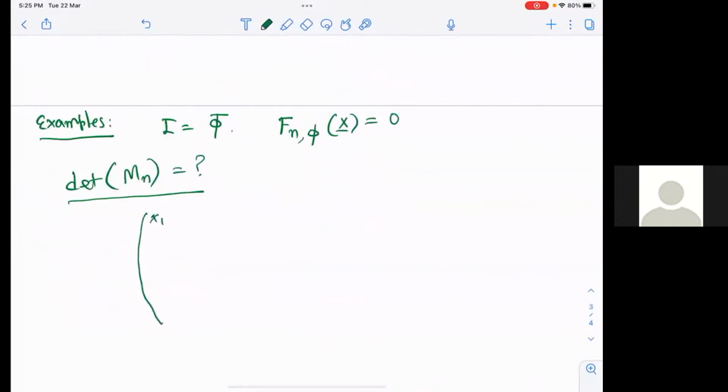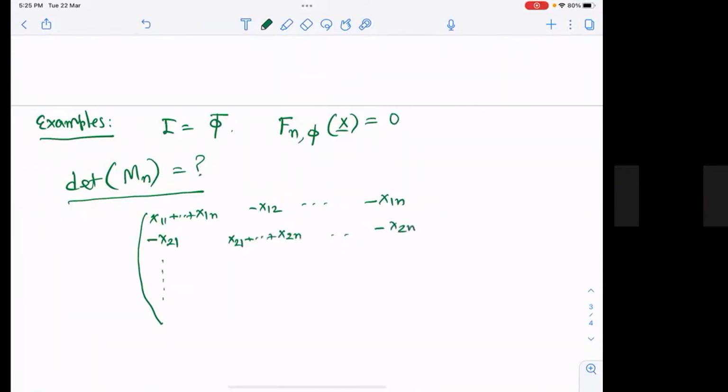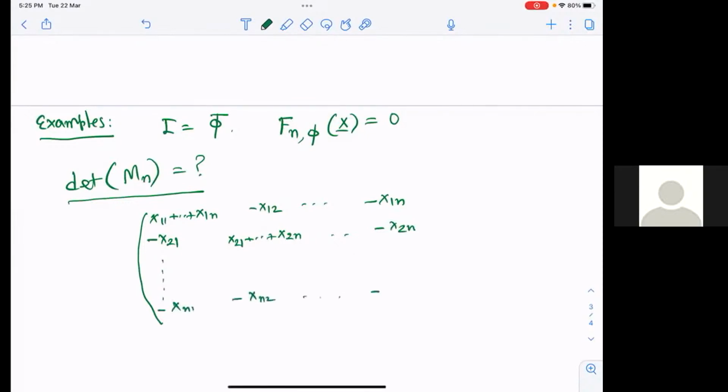So this is x11 up to x1n minus x12 minus x1n minus x21, x21 plus x2n minus x2, minus xn1 minus xn2, minus xn1 plus xn into n minus 1. So what is the determinant of it?